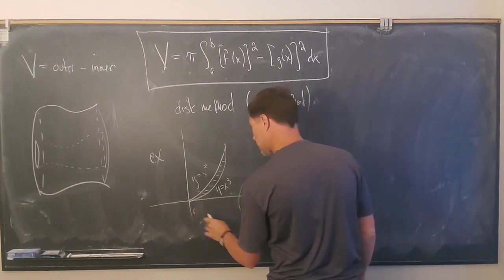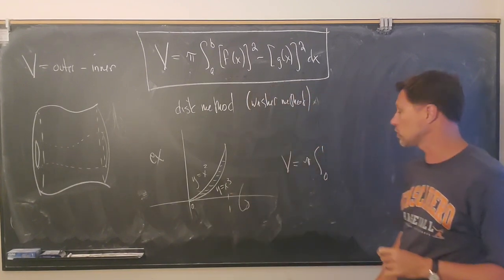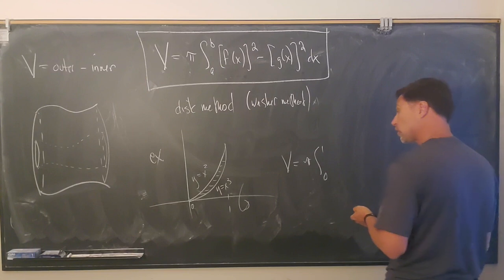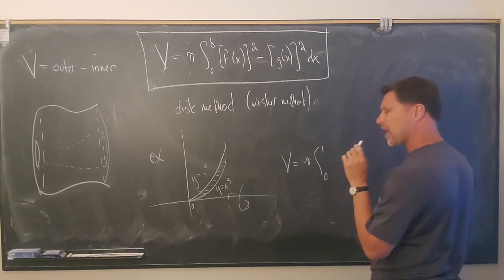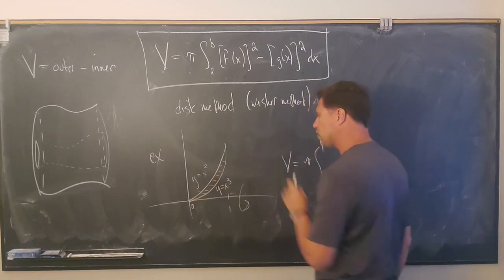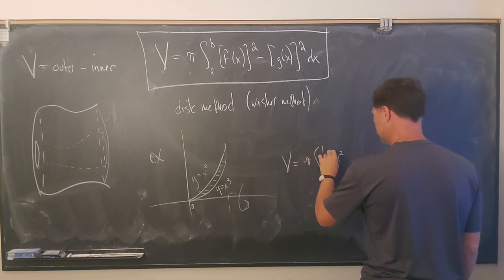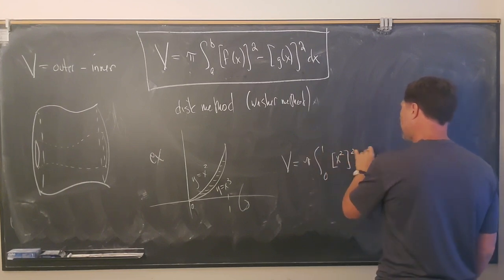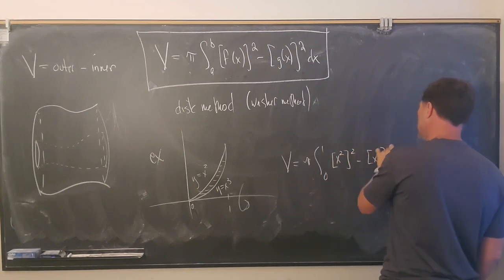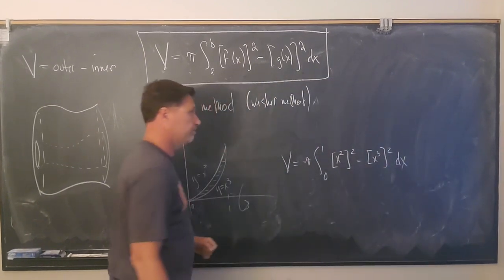Those are the intersection points. At the origin they intersect, and then they also intersect at x equals 1. So we'll go integral from 0 to 1. Top function, I should not say top, I should say outer solid. This graph right here generates the outer solid. So it'll be x squared, squared, minus x cubed, squared, dx. Outer minus inner.